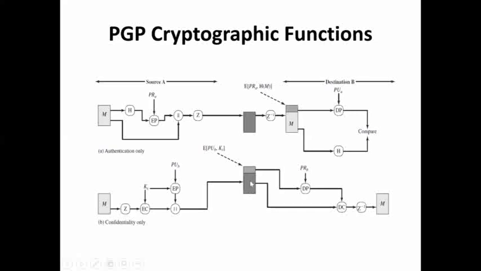Now see here, what we're going to see here is the encrypted compressed data, and what I'm going to see here is the session key, encrypted by using the public key of B. So what will the receiver do? First he is going to decrypt the session key.